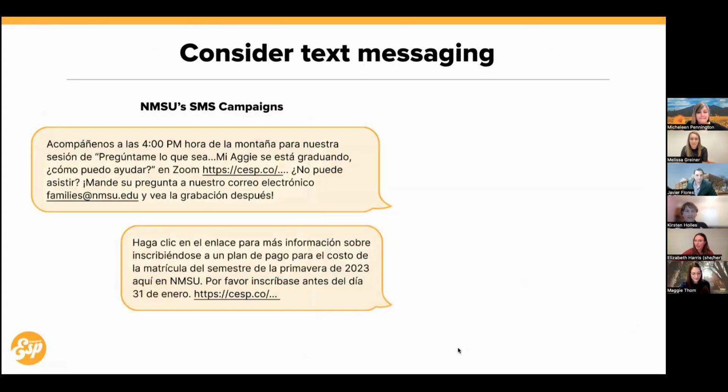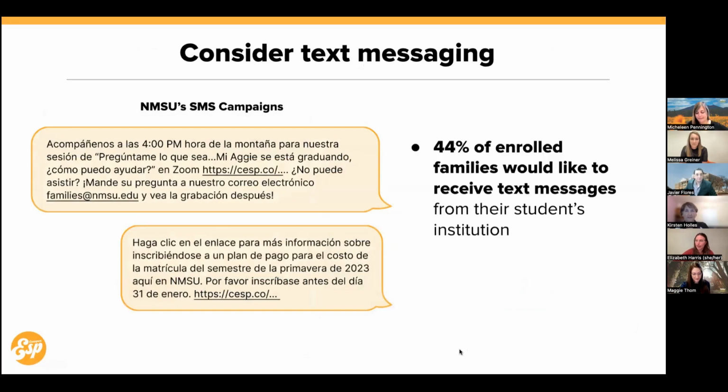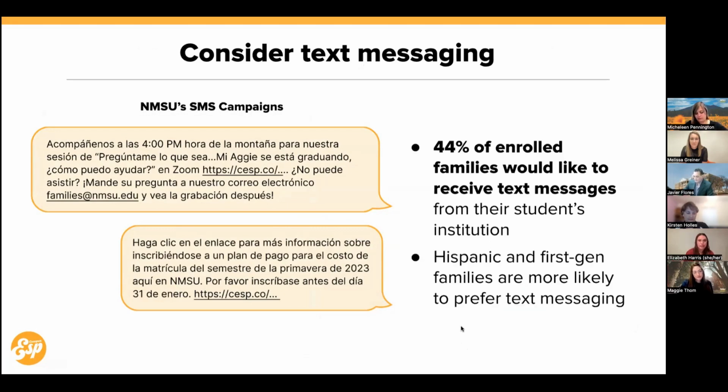Great. And the next piece that we have is to consider text messaging. We're seeing through some research that we do with RNL that 44% of enrolled families are saying that they would like to receive text messaging from their institution. And that is a trend that continues to increase year over year as well.